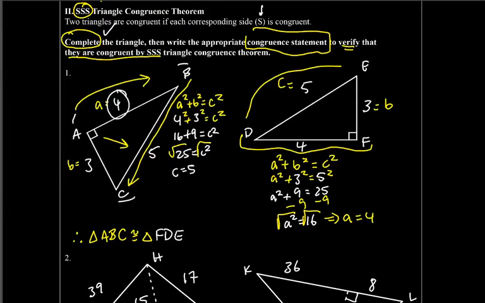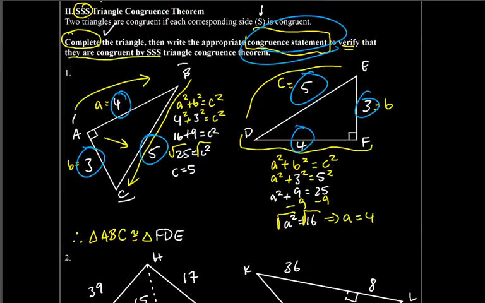So we see we have 4, 3, and 5. So the congruence statement just tells us which angles together in order makes that.